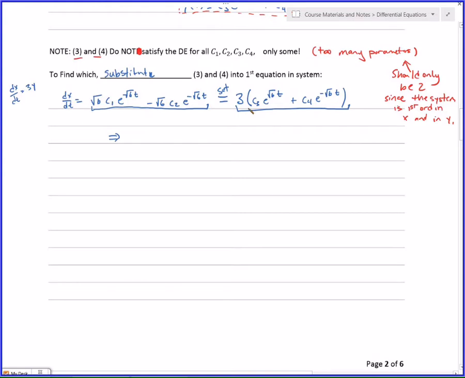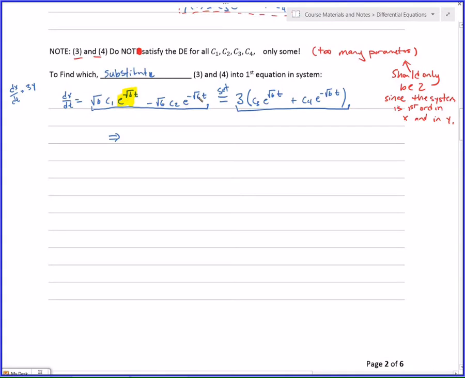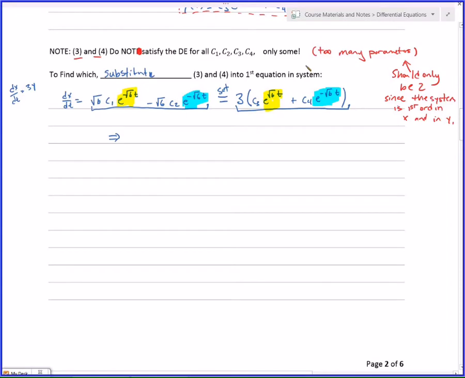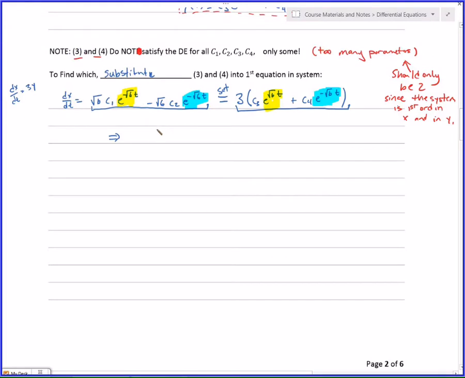For those two to be equal for all t, what has to be true? You see this, right? You have the same coefficients.